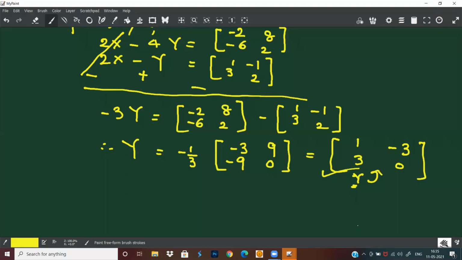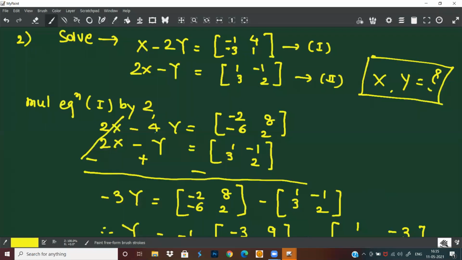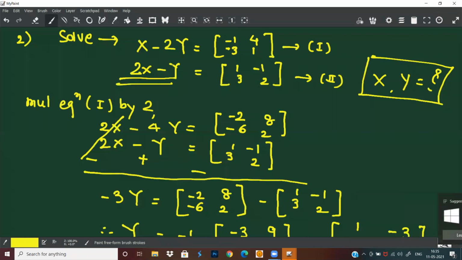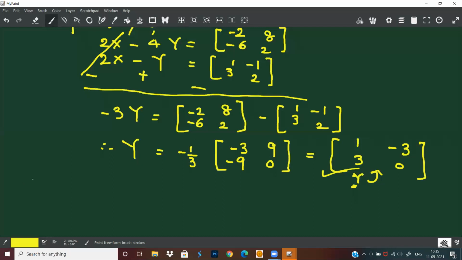The only advantage of copying the equations again and multiplying this equation by 2 is, then what will happen? Even if my y is wrong, it will not carry over into x. So getting it? That is what I want to tell you. Now we will solve. We know we are right. 2x minus y is this equation number 2.